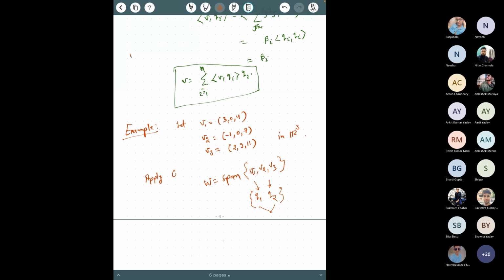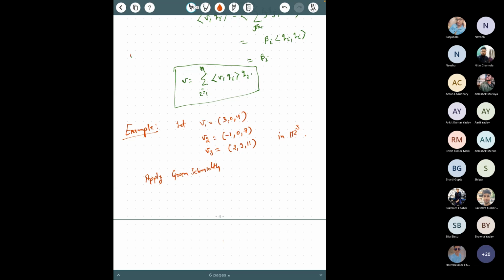Okay, sir, got it. So the question is to apply Gram-Schmidt. In this example, v1, v2, v3 are linearly independent, so they form a basis of R3. If you apply Gram-Schmidt on v1, v2, v3, you'll get q1, q2, q3, which would be an orthogonal basis.